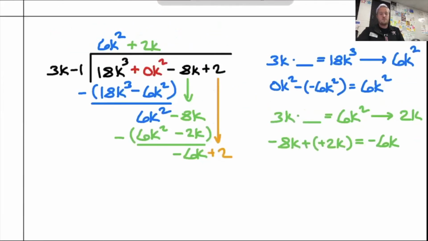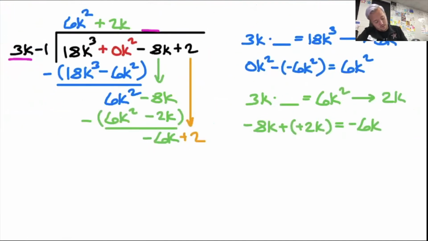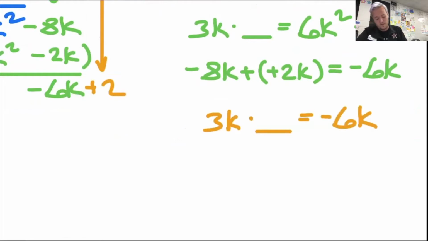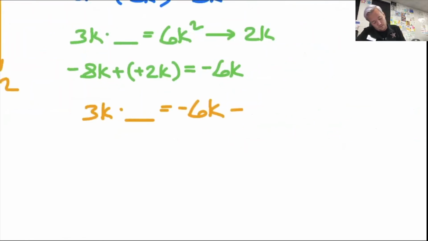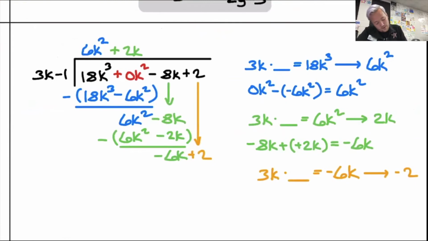Once again, 3k times what value gives you negative 6k? That value is negative 2. So negative 2 is what I write across the top.